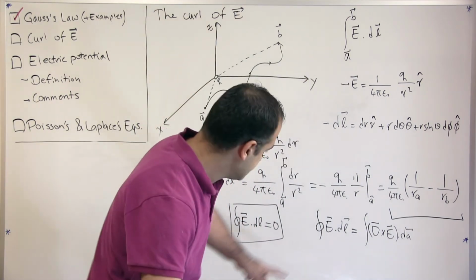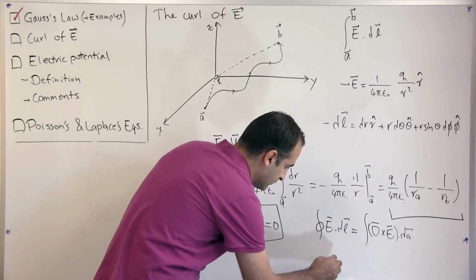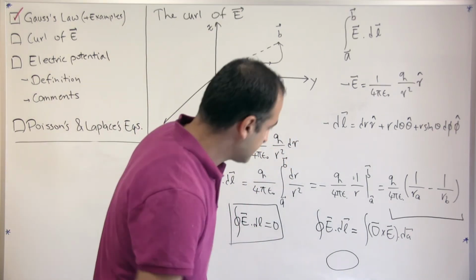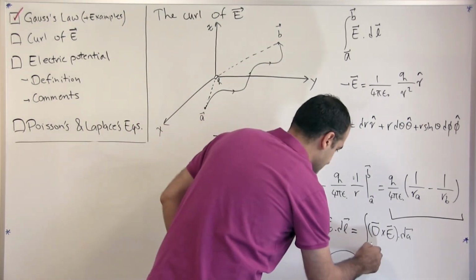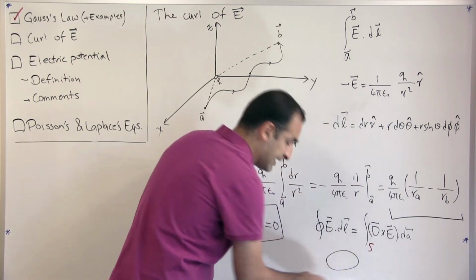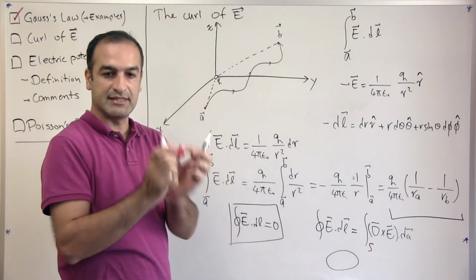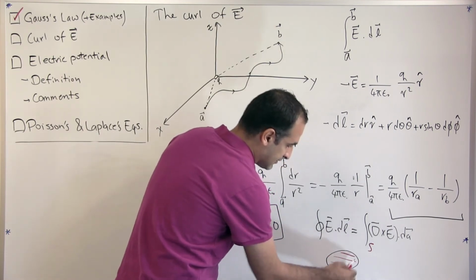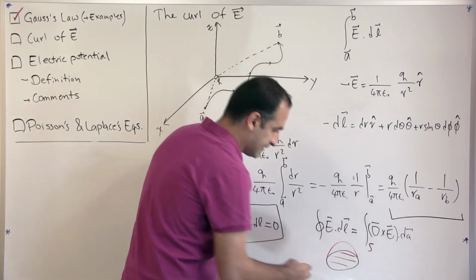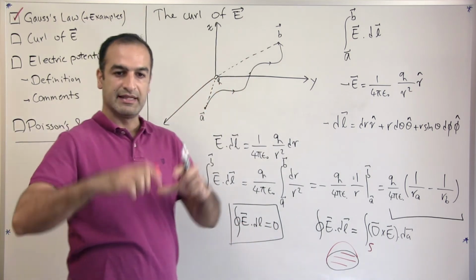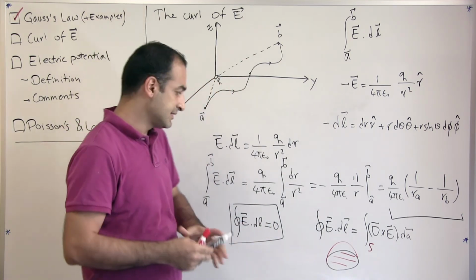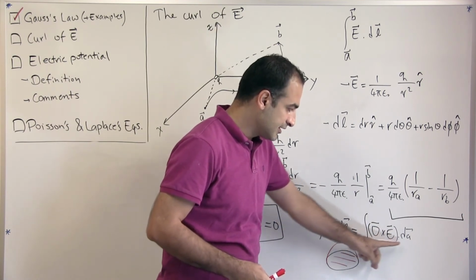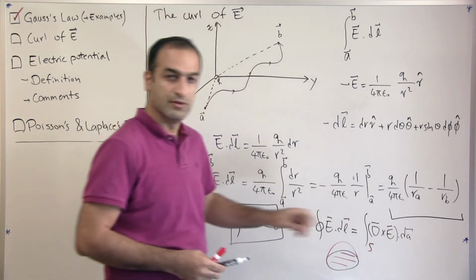The first integral is over the closed path. The second integral is on a surface, any possible surface that connects that path. It could be flat, or it could be a curved surface, any surface bounded by that loop. The curl of the function dot dA, these are equal to each other.